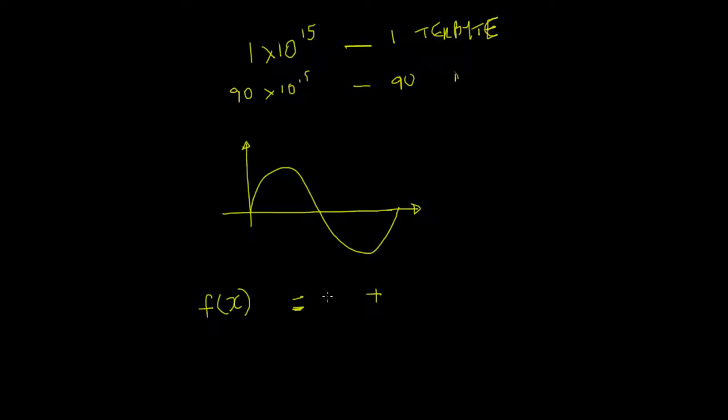You want a simple function here, plus something else, plus something else, plus something else. Now we don't know what these somethings are, and that's what we have to try and decide.